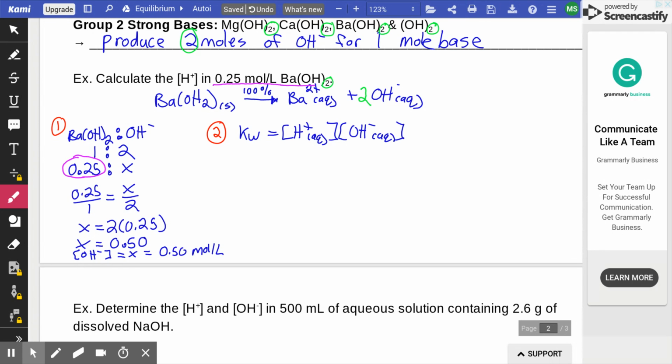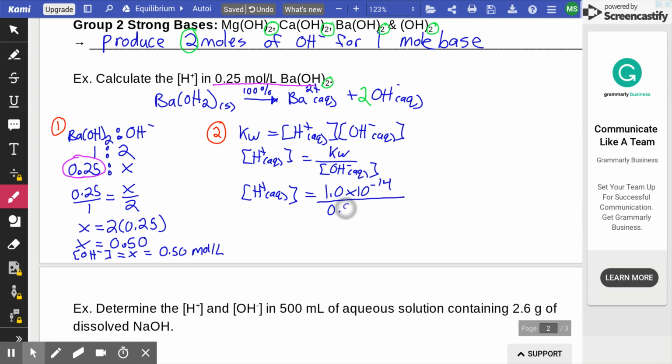We'll rearrange it, and we get the hydrogen ion concentration equals Kw divided by the concentration of the hydroxide ion. Now it's really straightforward. Just sub in your values. We know Kw. It's just a value that you need to memorize. We just calculated the hydroxide ion concentration in step 1.